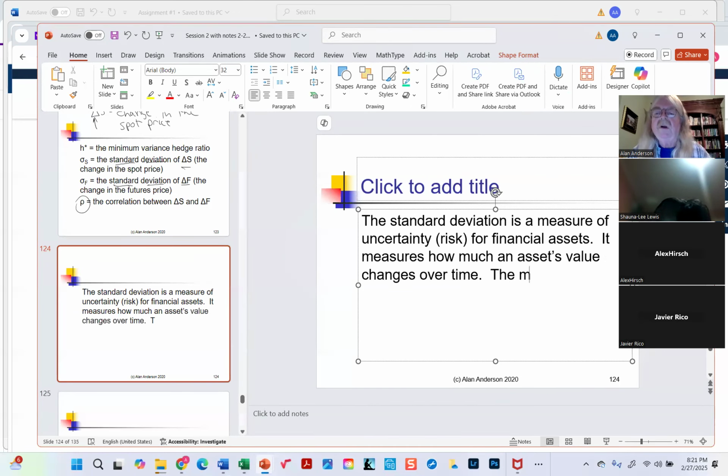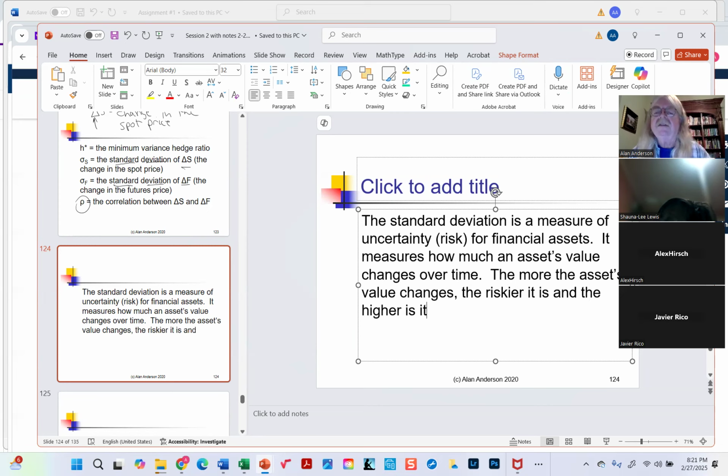So obviously the more the asset's value changes, the riskier it is to the investor, that is, and the higher is its standard deviation.